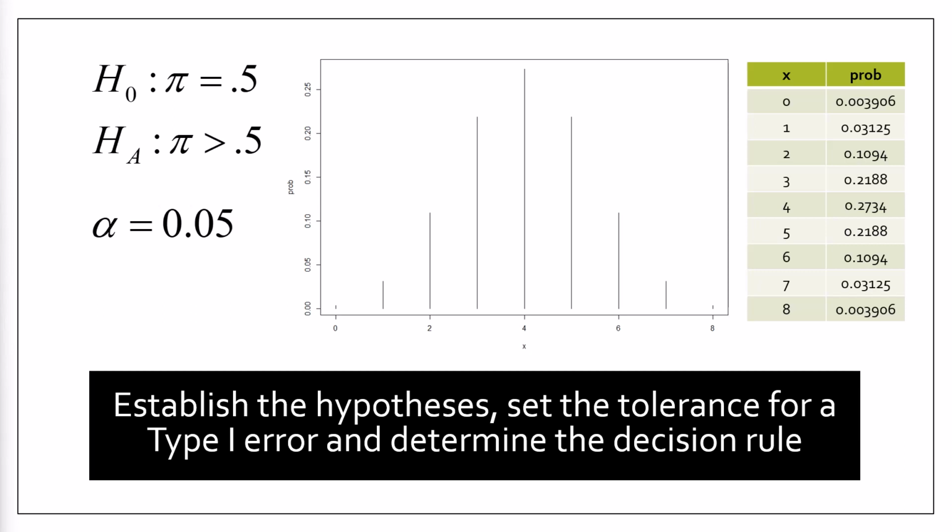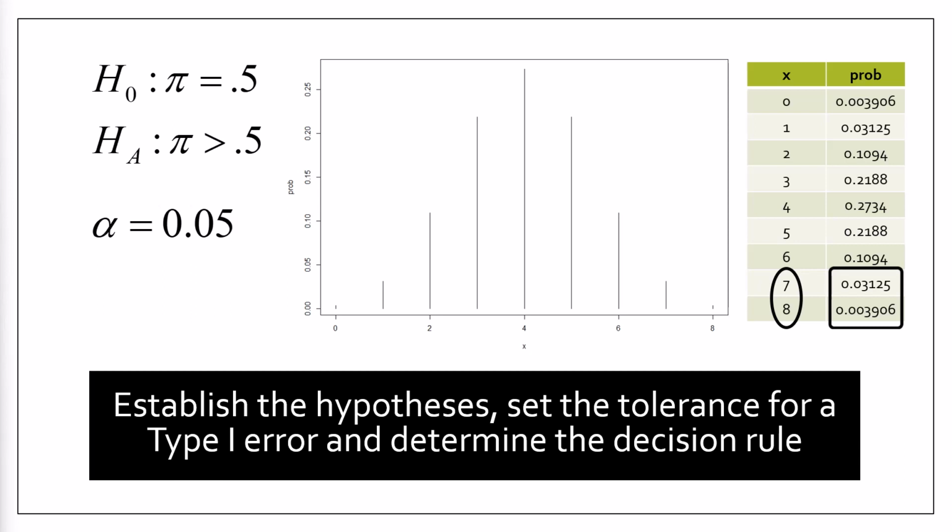Well, this means that we can actually put 7 in the rejection region as well. 7 has a probability of 0.03125. But the way we do this is we form a rejection region in which you calculate the total probability of that region, and it stays under 0.05.